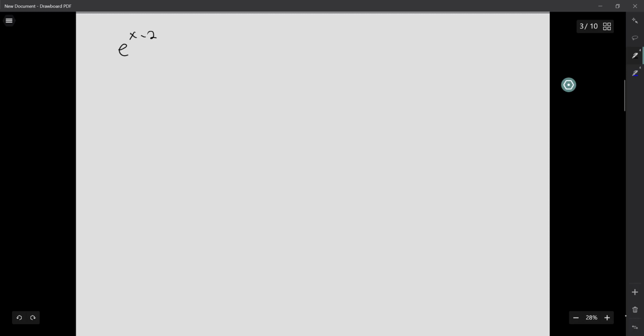So I've got e to the x minus 2 equal to e to the 3x plus 8. And remember, e is that magic number, 2.718281828. So what I would do here is I could say, hey, the bases are the same, we could just match the exponents, but I like to do log steps.